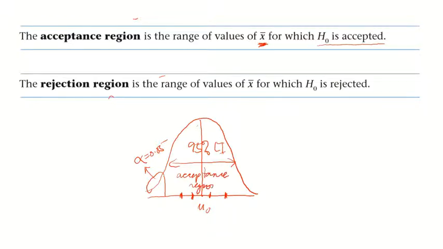Again, this portion. Now, the rejection region is the range of values for our sample mean for which we will reject our null hypothesis.